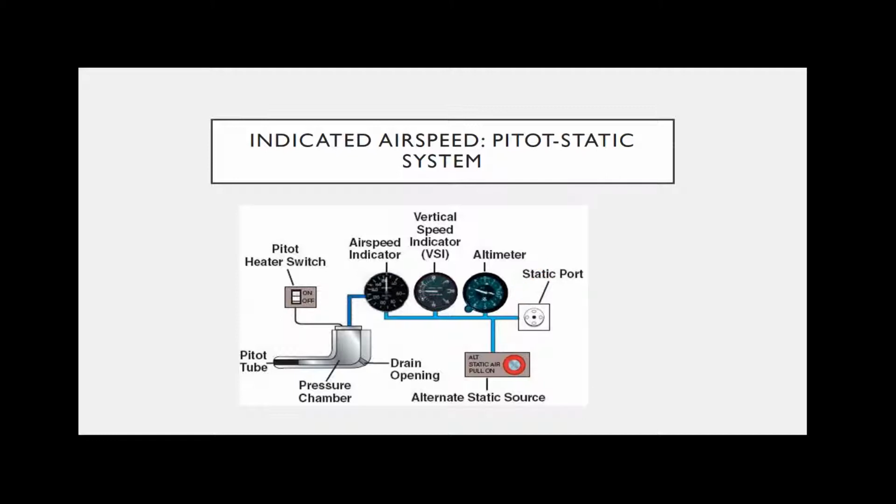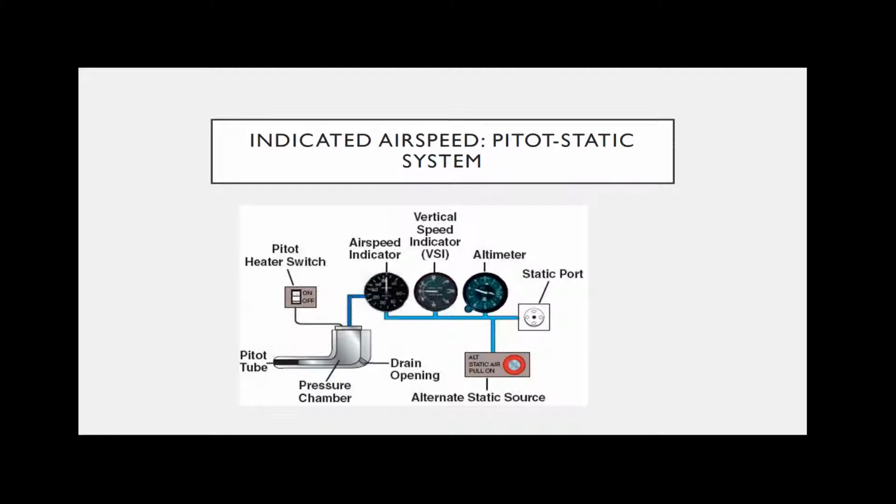For the speed indicator, we have a pitot tube pointing head on at the airstream. We measure that pressure. We also have a static port which measures the static pressure. When the aircraft is still, the pitot pressure and the static pressure are the same and the indicated airspeed is 0.